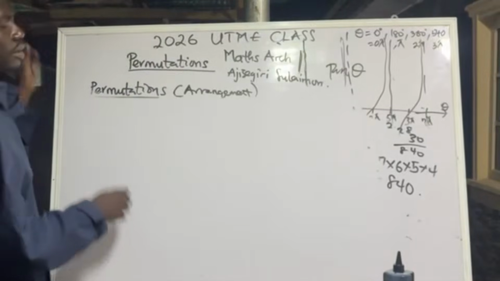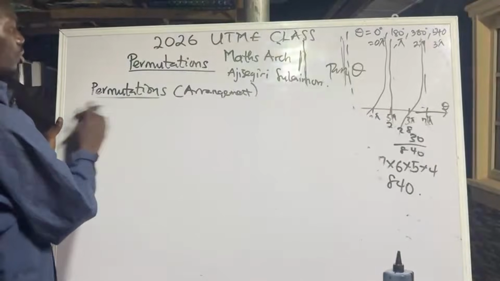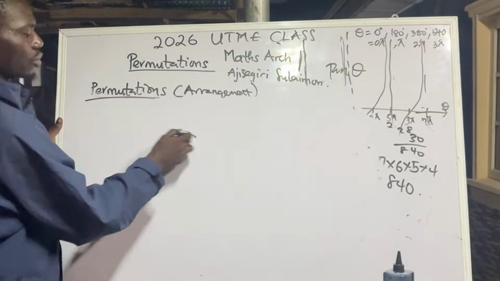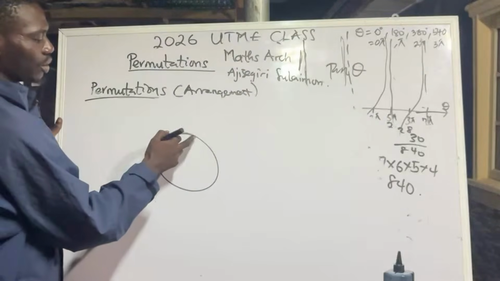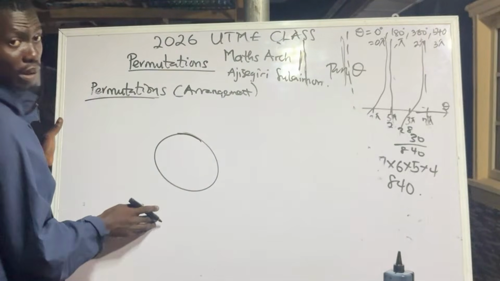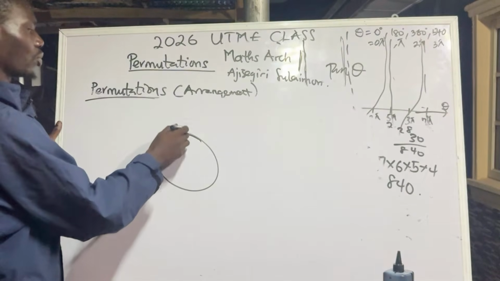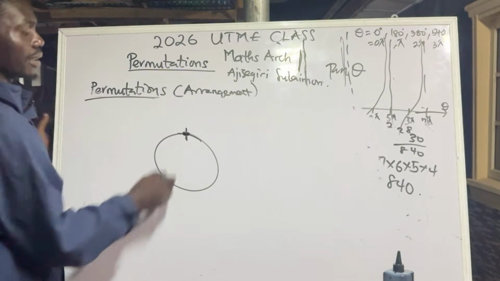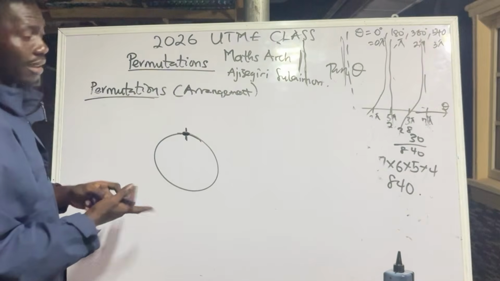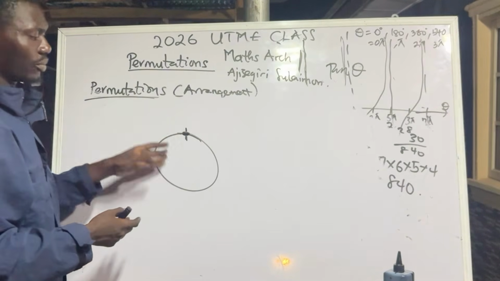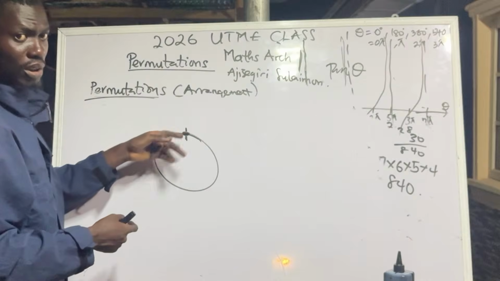Whenever we are arranging around such an object, the formula is what you should know. The concept is that when arranging around a circular object, because it is a closed end, we don't know where to start from. So we put someone as the starting point, and whenever we come back to them, we know we've gotten to the end.